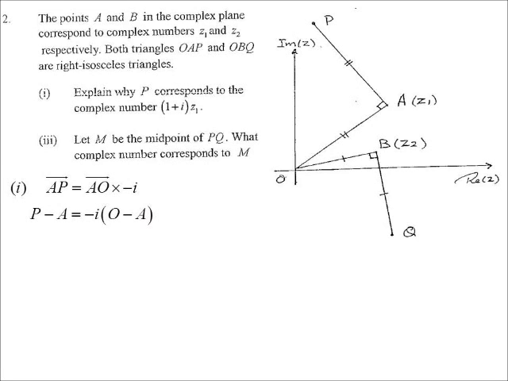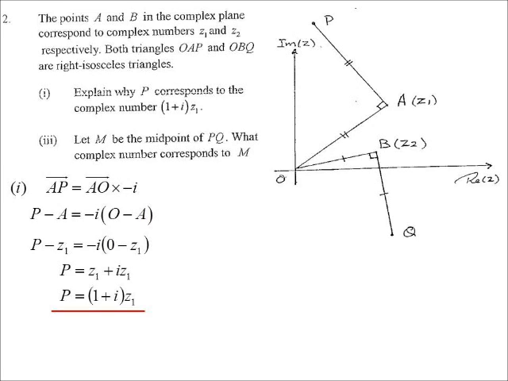So AP would be P minus A, minus i times 0 minus A. So P minus Z1, because A is the point Z1, minus i times minus Z1. Rearranging that, there it is. P is Z1 plus i Z1, or to answer the question, 1 plus i times Z1.